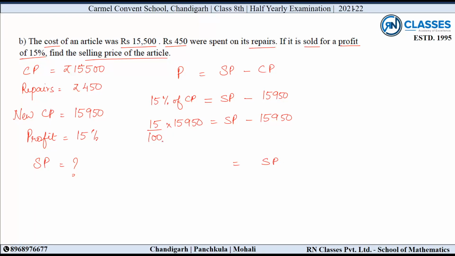We'll do it on the left hand side. So this goes here. So 2392.5 plus 15,950. Change the side of 15,950. Answer would be 18,342.5. That is the selling price in rupees.